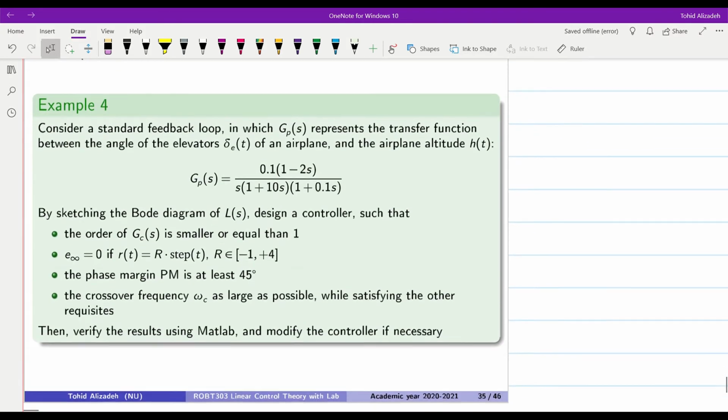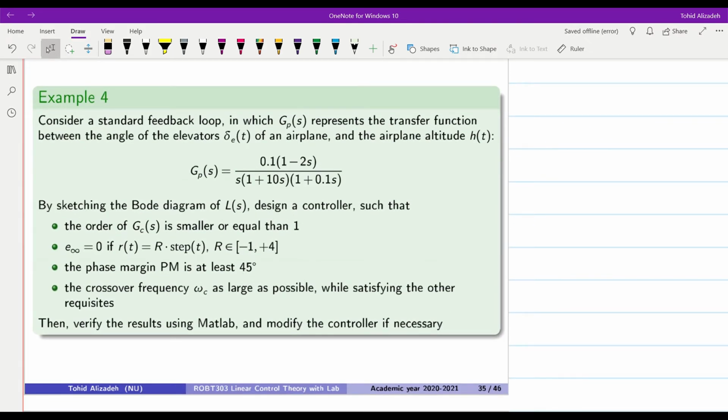So here we have the system, the plant, given in the form of 0.1 times (1 minus 2s) over s times (1 plus 10s) times (1 plus 0.1s). This is indeed the transfer function that we have for a part of the airplane. This is the transfer function between the angle of the elevators, delta E of an airplane, and the airplane altitude h(t).